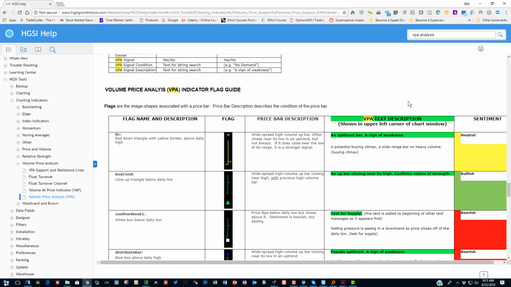One thing you need to remember about VPA, VSA is that it's been around a long time. And as Anna points out in her book, nothing has really changed over the last 100 years in the market. Of course, we have fast computers and software and so on, but the concepts remain the same.